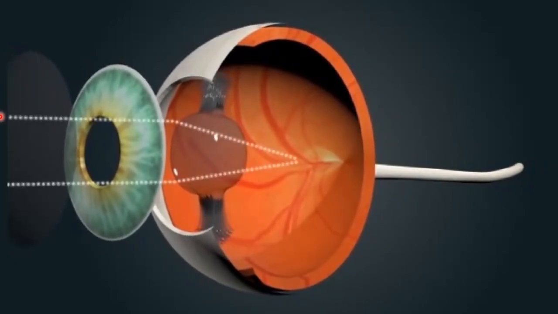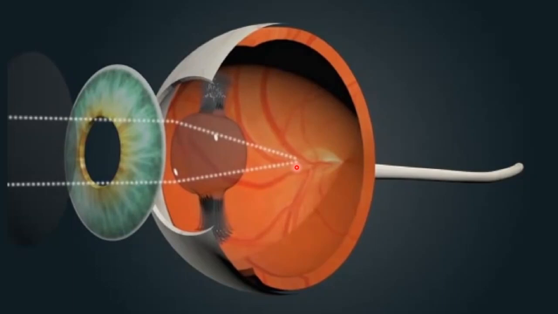Okay, so when light enters the eye, first, depending on the intensity of the light, the size of the pupil is adjusted, and then depending on the position of the object, the focal length is adjusted so that the image is formed at the retina.